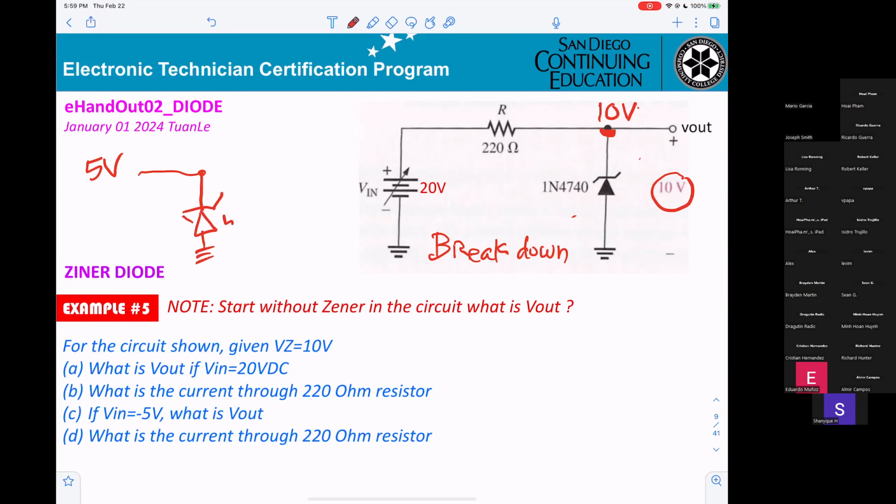The value will be 5 volt. If you apply 10 volt going to here, then this breaks down, and no matter what, you will get 5 volt. That prevents damage to the circuitry. So the Zener is very, very important in the power supply.